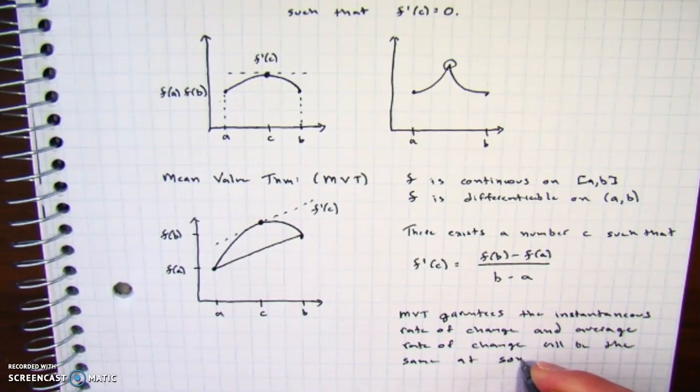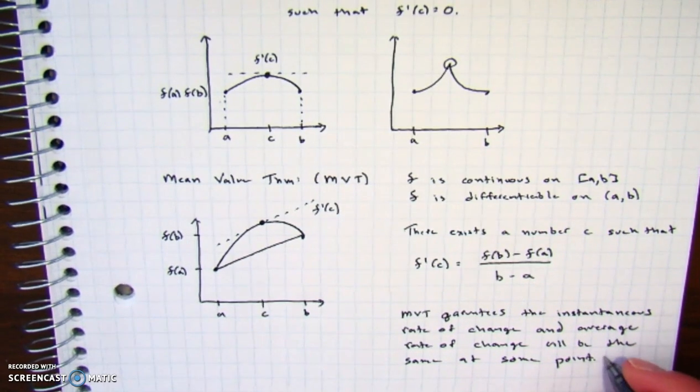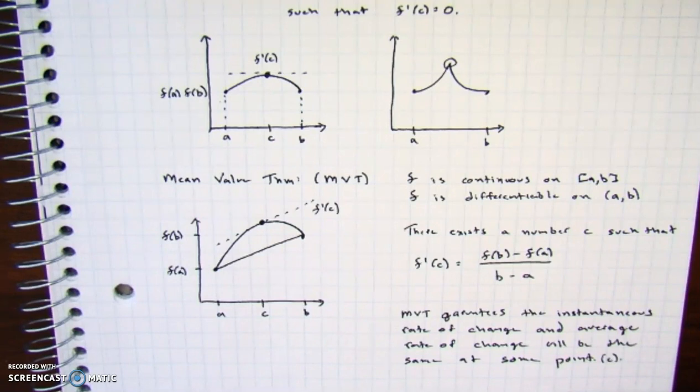So somewhere, at some point, that point we call C. So that's kind of what the mean value theorem is.